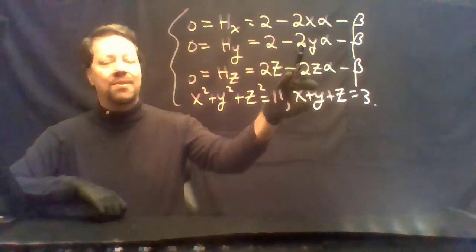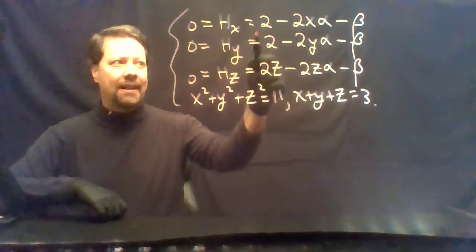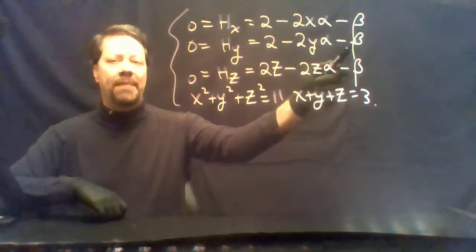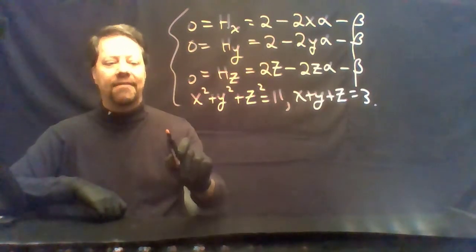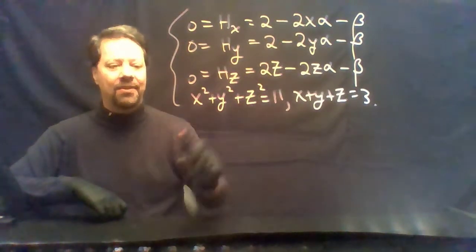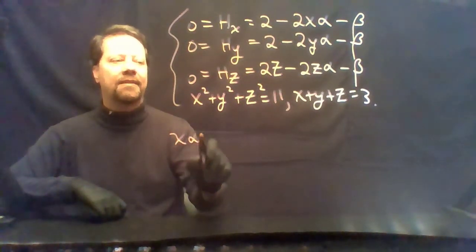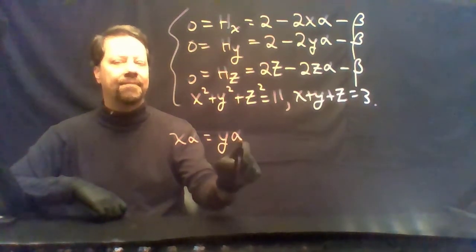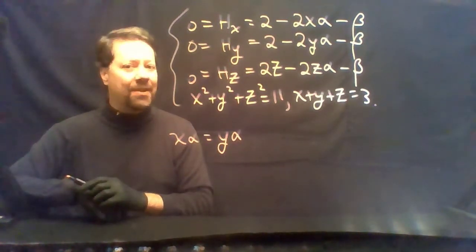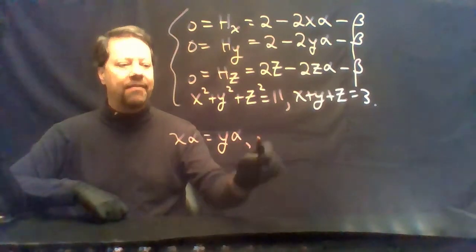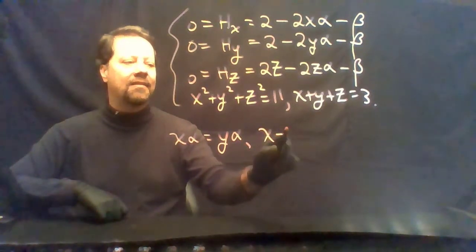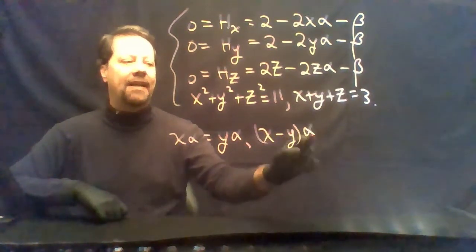If you set the first 2 equations equal to each other, you can cancel the 2's, cancel the betas, cancel the negatives, and then cancel these 2's. You'll end up with x alpha equals y alpha. Before you start canceling alpha, you want to put everything to one side and factor the alpha out.